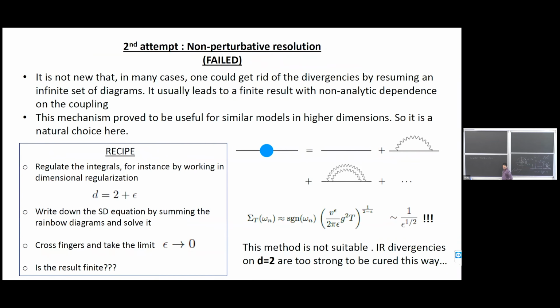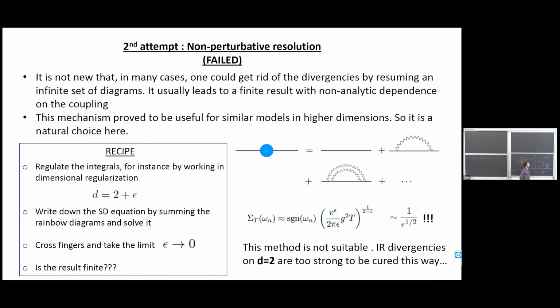A bit more elaborate attempt, which has been very successful in the past, is to appeal to non-perturbative resolution by resumming all diagrams, in this case the planar diagrams, and hoping that the resulting answer be regular. Let me just emphasize that this mechanism works perfectly in 3+1 dimensions, but due to the fact that IR divergences are very strong in 2+1 dimensions, we will see here that this won't work.